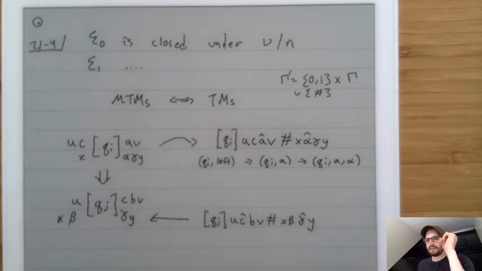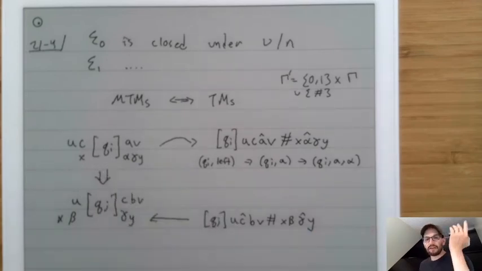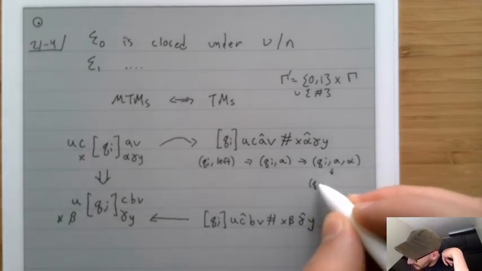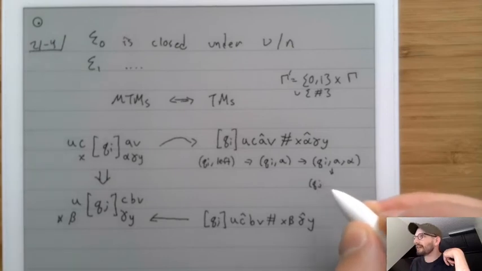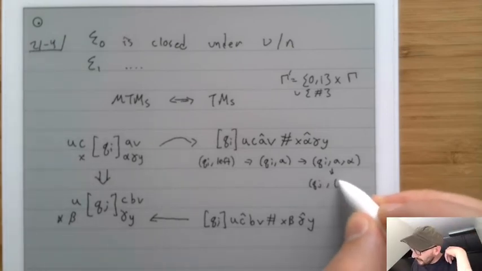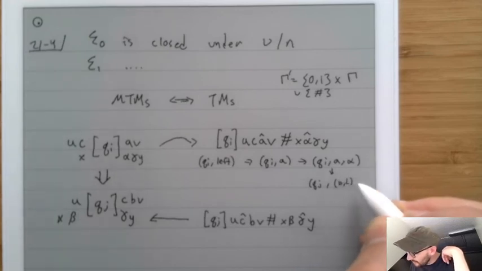Now at this point, we can run the delta function and figure out what we're supposed to do. And when we know what we're supposed to do, we'll go to a state that we'll call QJ, because that's the state that we're going into. And then it'll be B and left, and beta and right.